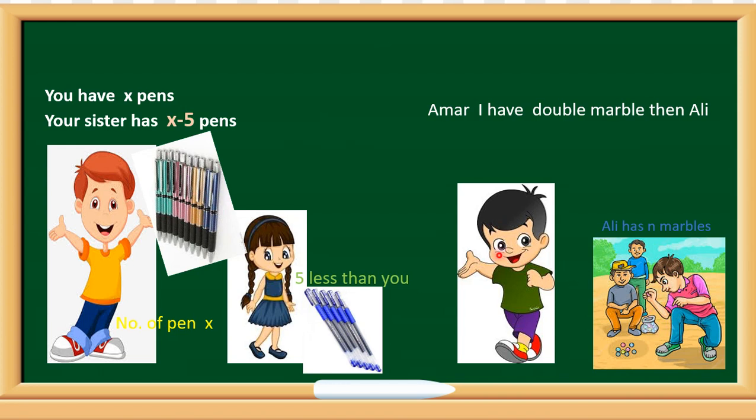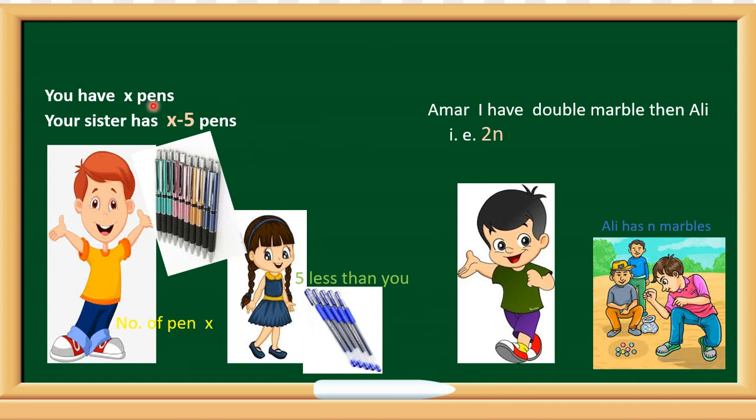So Amar has twice of n, correct? So you can write Amar has 2n marbles when Ali has n marbles. So in terms of algebraic expressions, the number of pens I have is X minus 5 and the number of marbles Amar has is 2n.